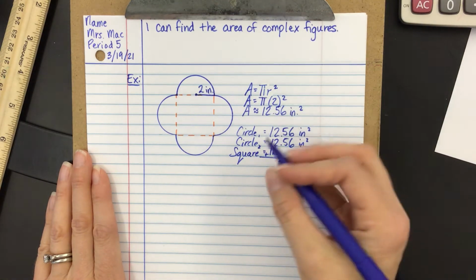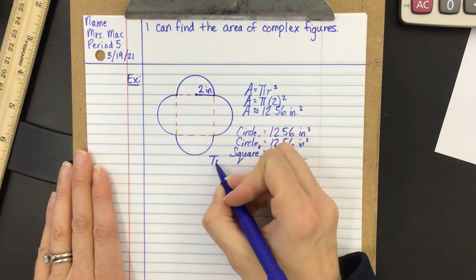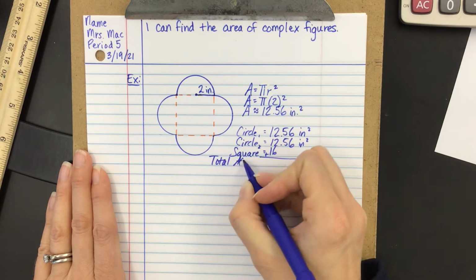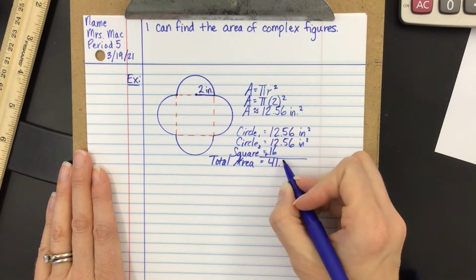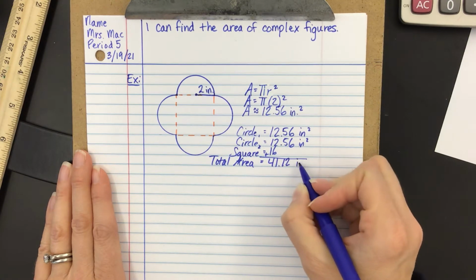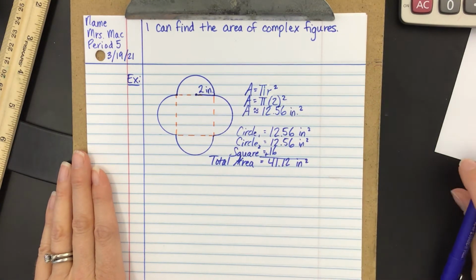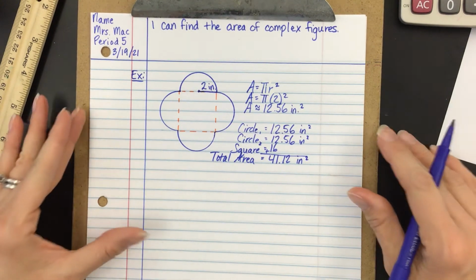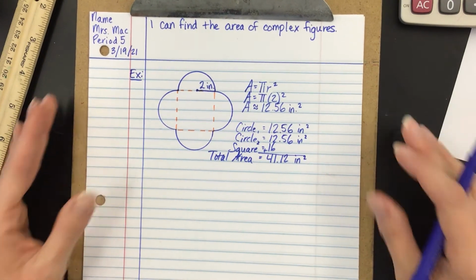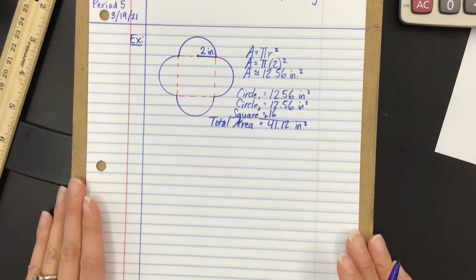I heard it. So the total area is 41.12 inches squared. Okay? So even though that thing looks pretty crazy, you guys have the skills to solve that. Okay? Let me do one more example and then I'm going to cut you loose.